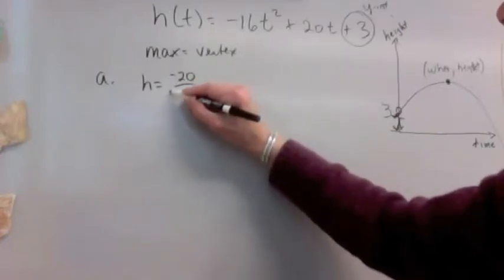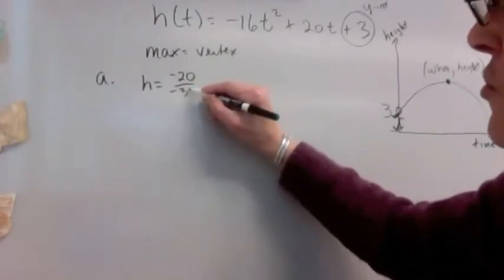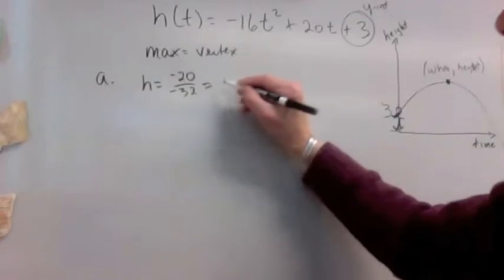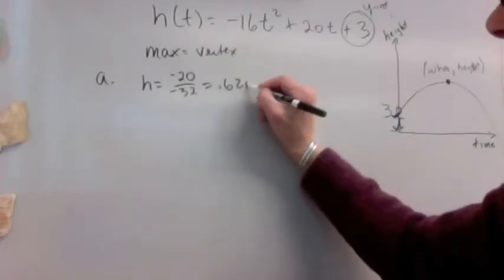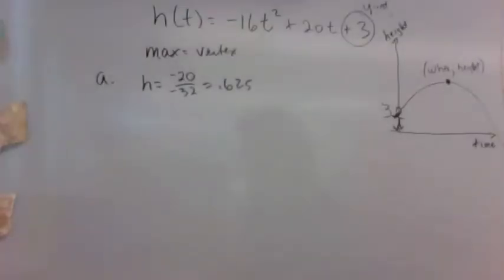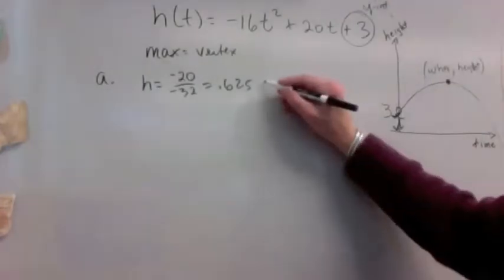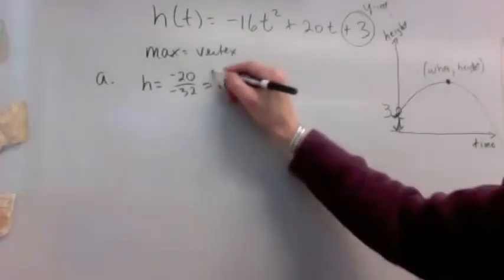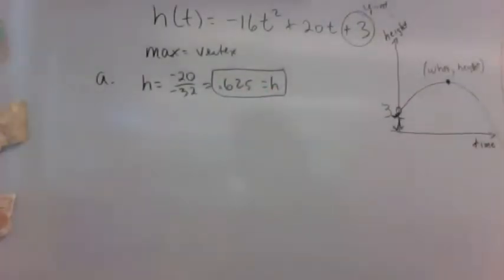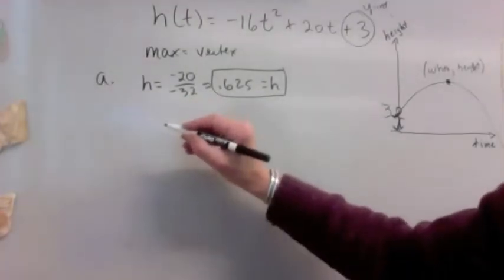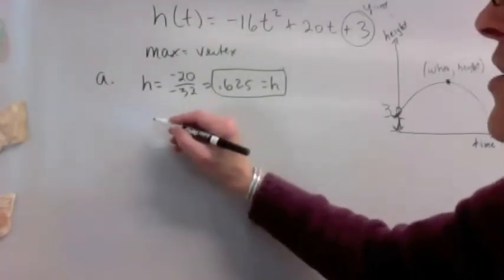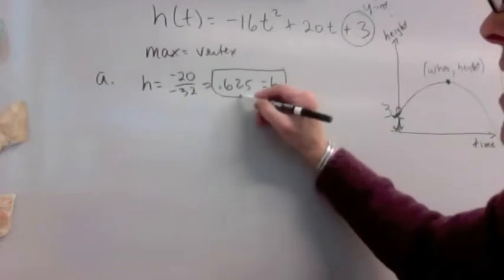which is going to be equal to 0.625. And in this case, we have a terminating decimal. So let's use this terminating decimal. Let's not round that off. So if we substitute that into the equation for time, this is time, right?